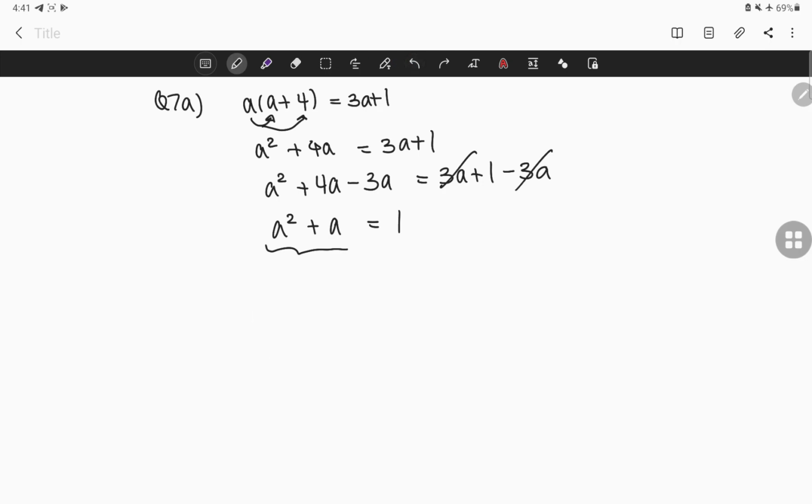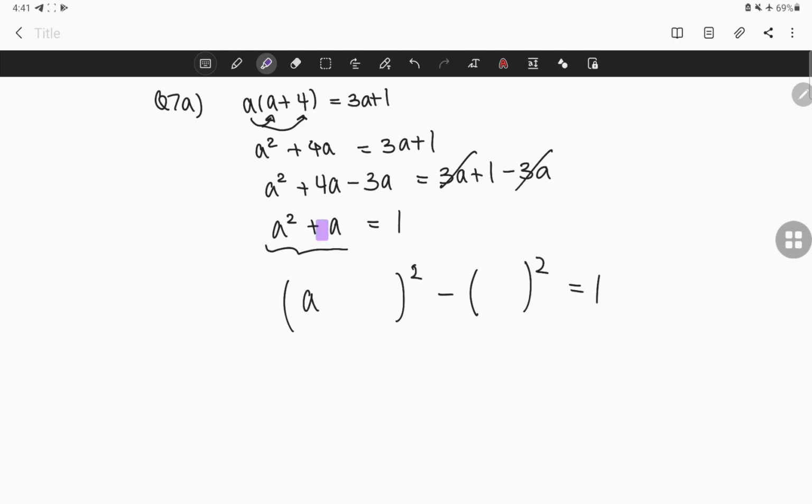So since I'm completing the square, I will have something squared minus another thing squared, and that should be equal to 1. Since the expression a squared plus a is in terms of a, I will have a in here.